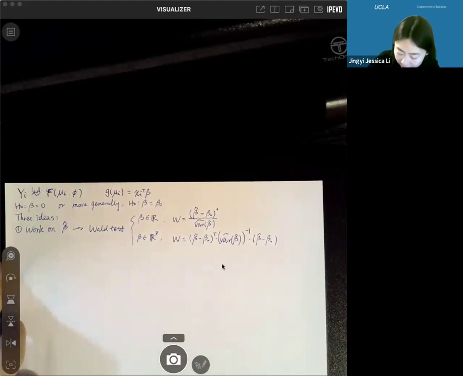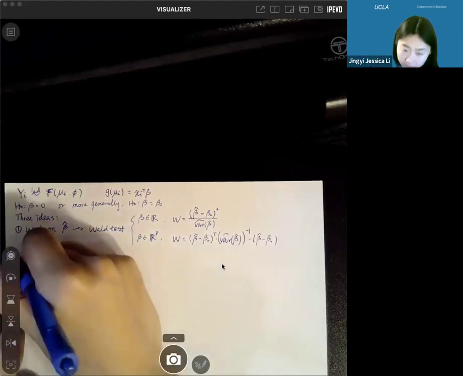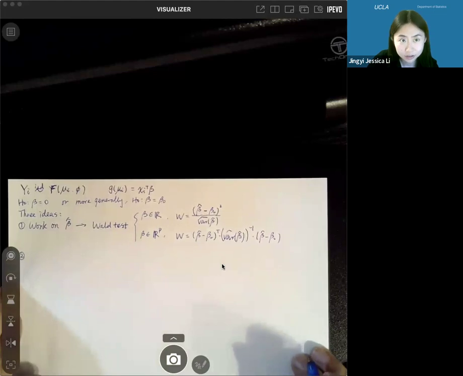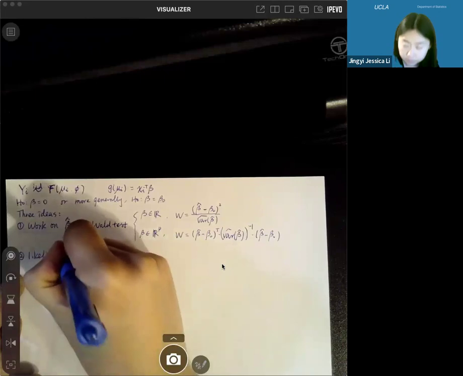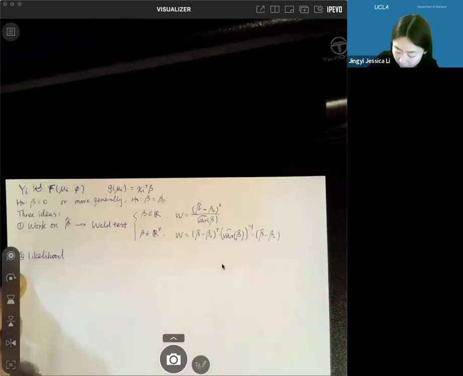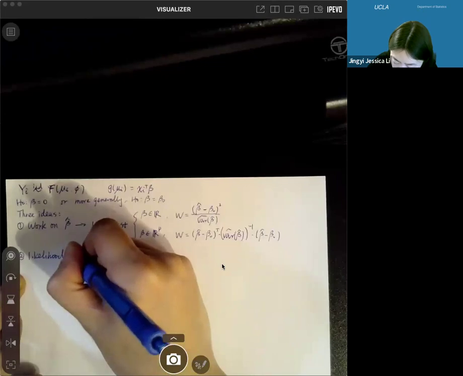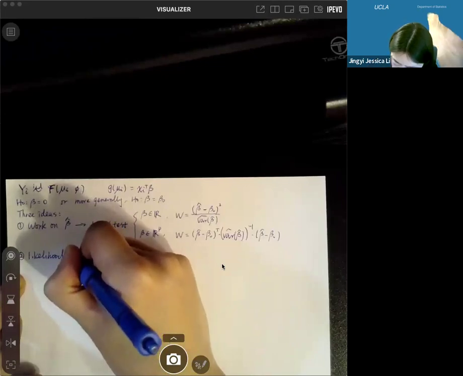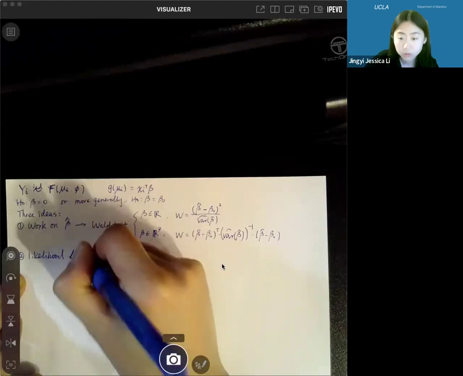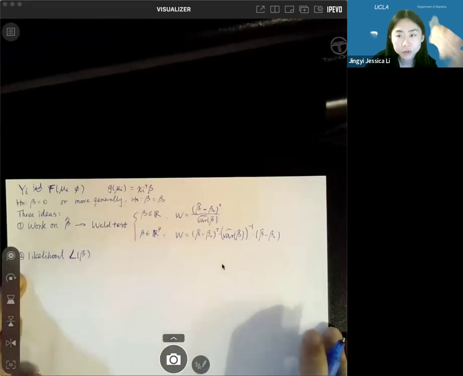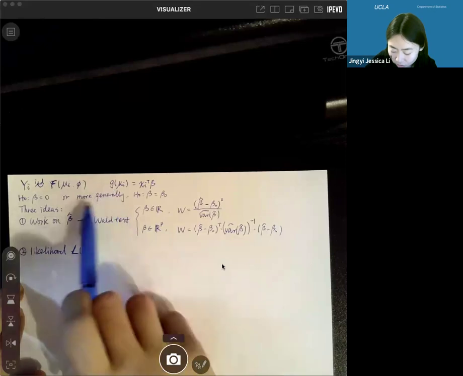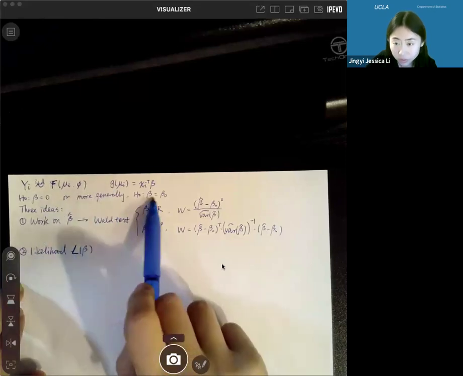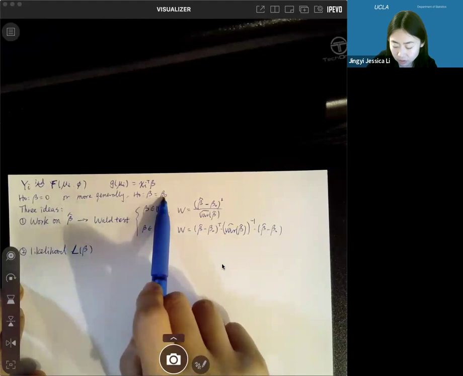And then the second idea is based on likelihood. The likelihood, we can write it as big L, likelihood of beta. We work on this, and we will have two maximum likelihoods. One based on the null model. Under H0, we have this beta set to beta 0.